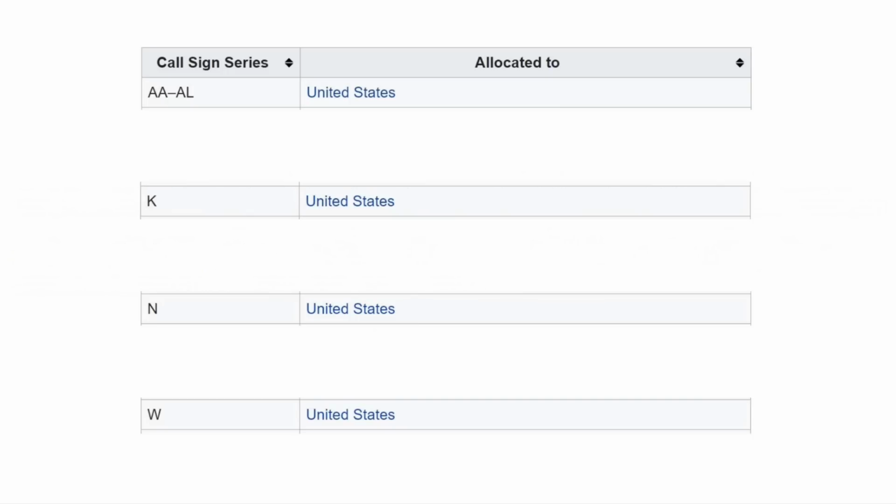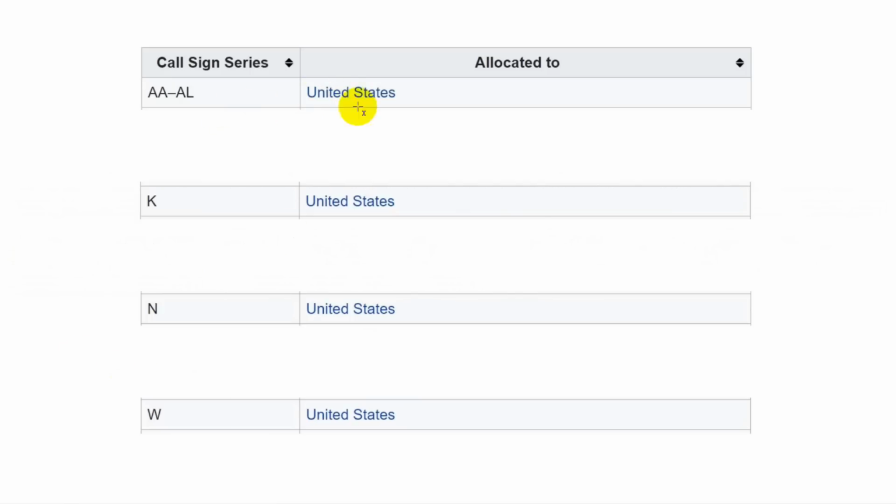So let's look again at what is assigned to the United States. The United States, of course, was a key party in putting all of this together. And guess who grabbed a whole bunch of prefixes?